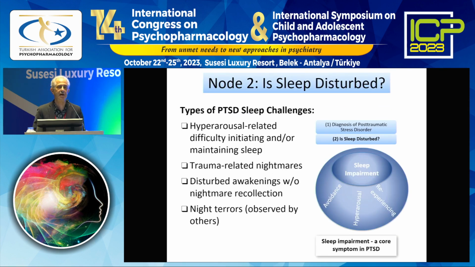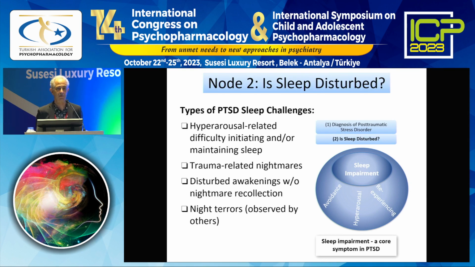So having ruled out, or treated, those other causes of sleep problems, you now are ready to assess the PTSD-related problems of sleep, and they are of several types. First of all, there's hyperarousal-related difficulty initiating or maintaining sleep, or commonly both. So what's causing these awakenings?